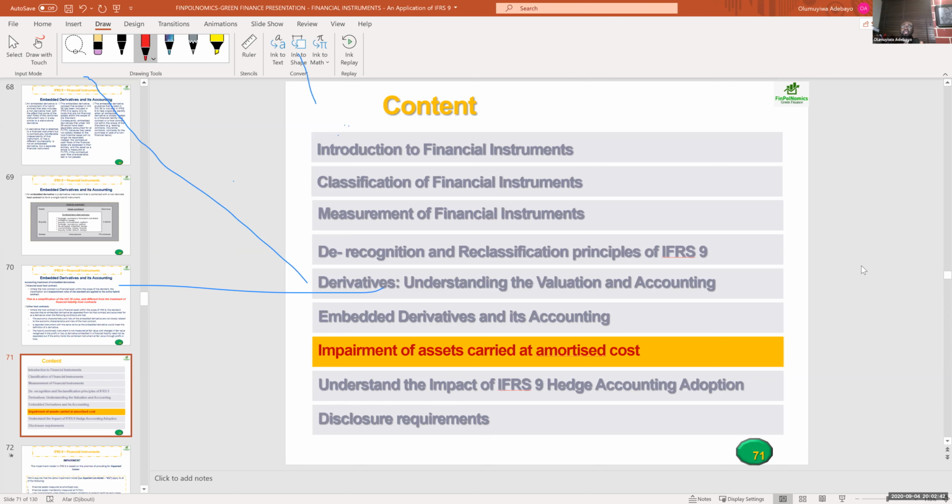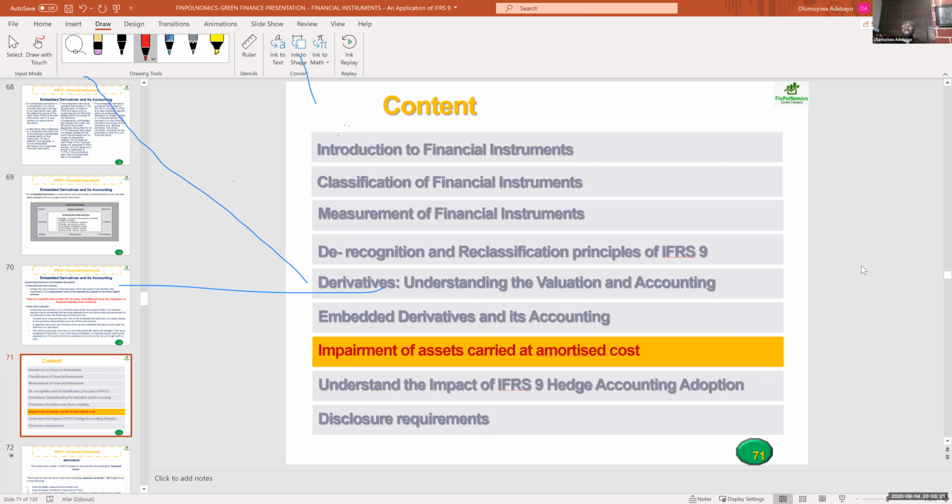But the general notion and principle of impairment remain the same, which speaks to the fact that you are unable to recover all of the carrying amount, and therefore you have suffered a loss. The loss is the excess of the real value of that asset over what you can recover from that asset. And we say such an asset has been impaired. And the excess of that carrying amount over the recoverable amount is deemed to be the impairment loss.